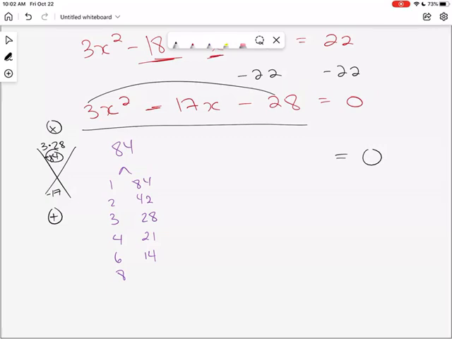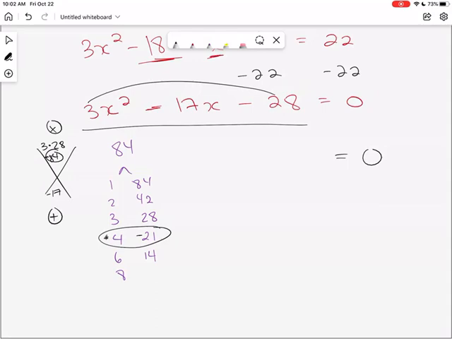That means that it must be, where will I have a difference that'll give me 17? Oh, it's right here. It's the 4 and 21. So if I have negative 21 and positive 4, that should give me a result of negative 17 for the sum, and then a multiplication of negative 84.